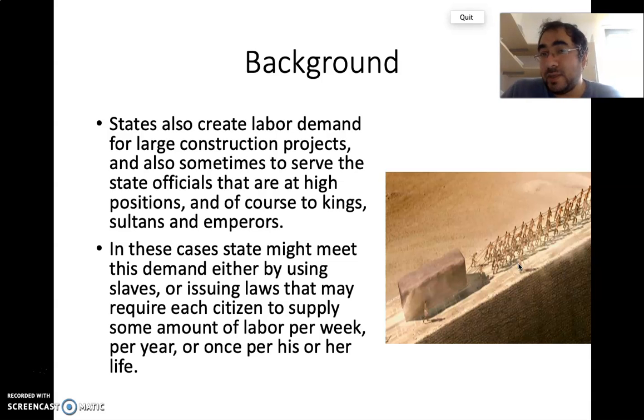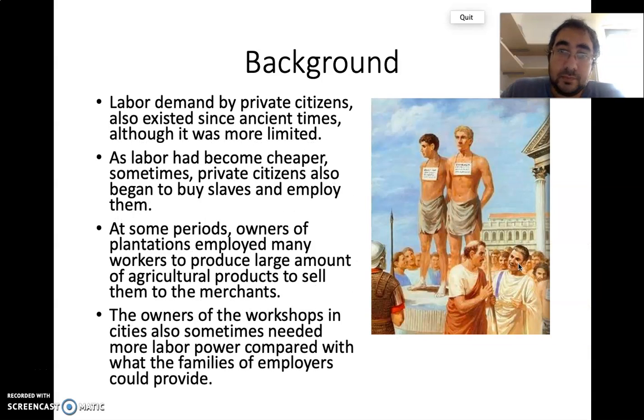Now, instead of supplying work, they just need to pay money to the church. Although young people still need to do work for the church, missionary work, but also some other types of work in some cases. And as I said, slaves were, especially for private citizens, the most obvious way to get additional labor power.